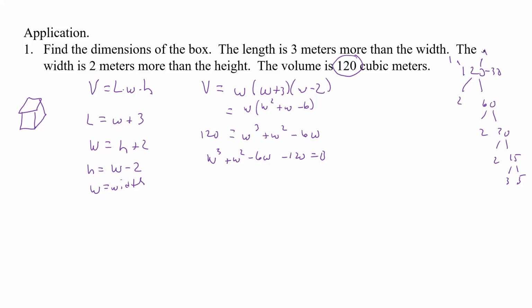We can have 10, because we'll have 10 and 12. So now we have 1, 2, 3, 4, 5. We have a 2 and 6, so that'll be a 6, and that'll be a 20.